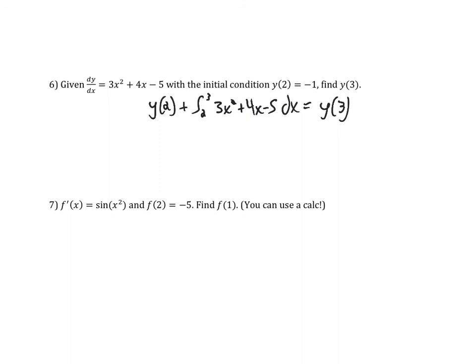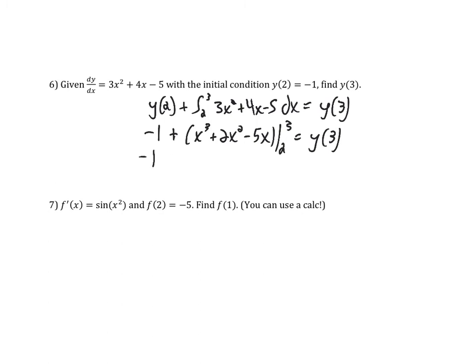So y of 2 we know to be -1, so I'm starting at -1. Let's integrate this guy. If we integrate it, we get x cubed plus 2x squared minus 5x, and we're evaluating that integral from 2 to 3. That's going to give me the change in y. That's going to equal my y of 3 value.